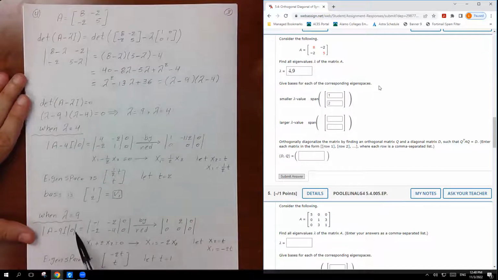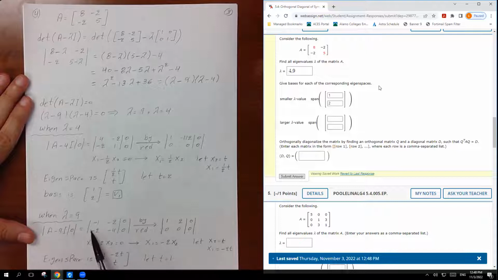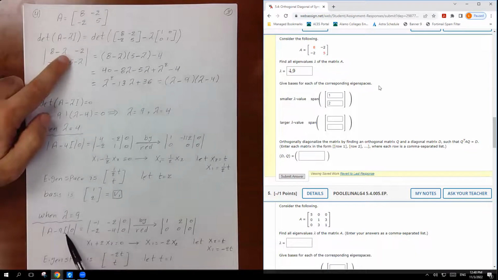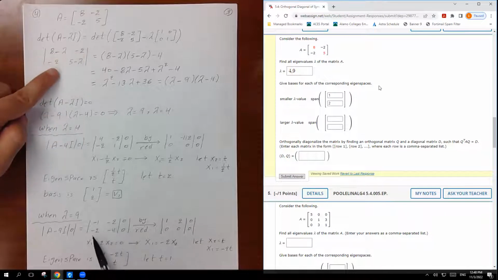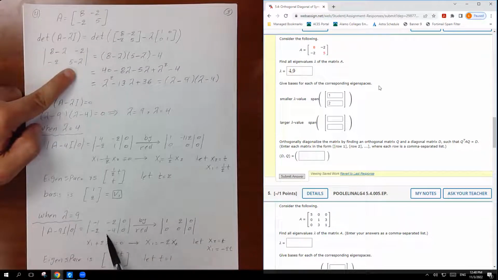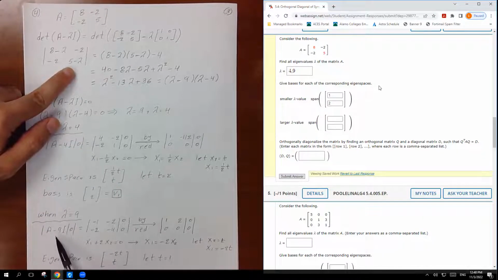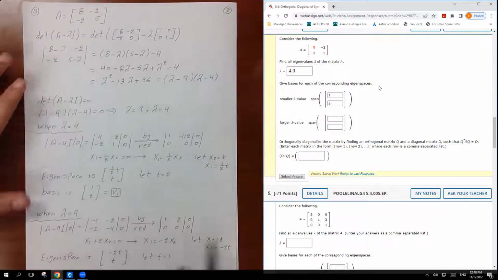When lambda equals 9, so A minus 9I, that means we're going to plug in 9 here. So 8 minus 9 is -1, -2, -2, and 5 minus 9, plug in 9 here, is -4.